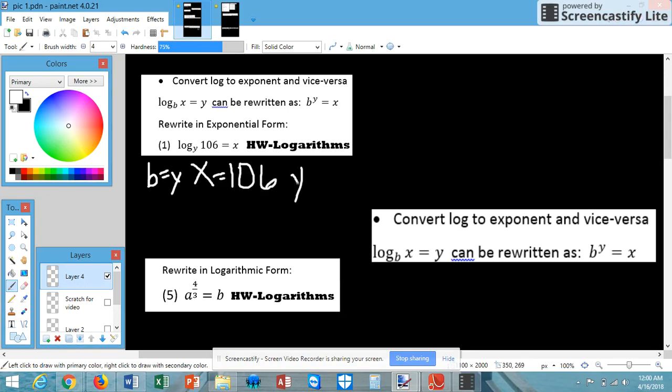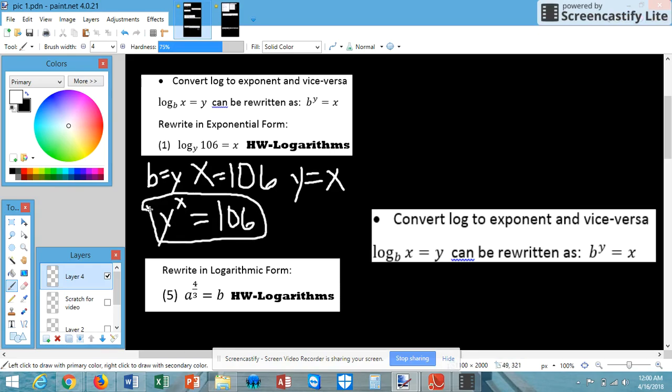And y equals x. So using this rewritten formula right here, we have y to the x power equals 106. And that's our answer. That is the exponential form of this log equation.